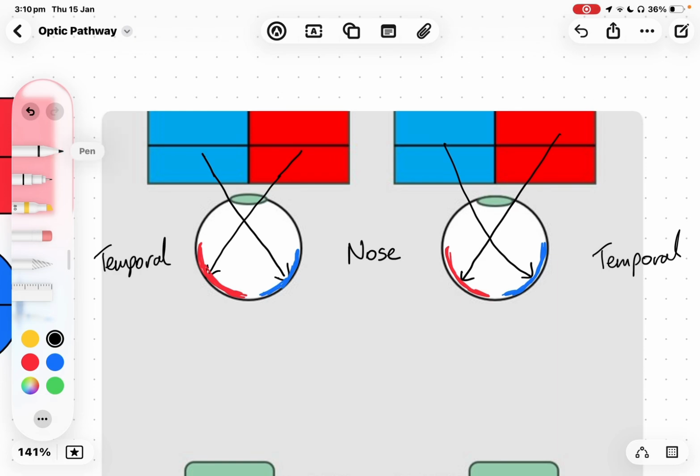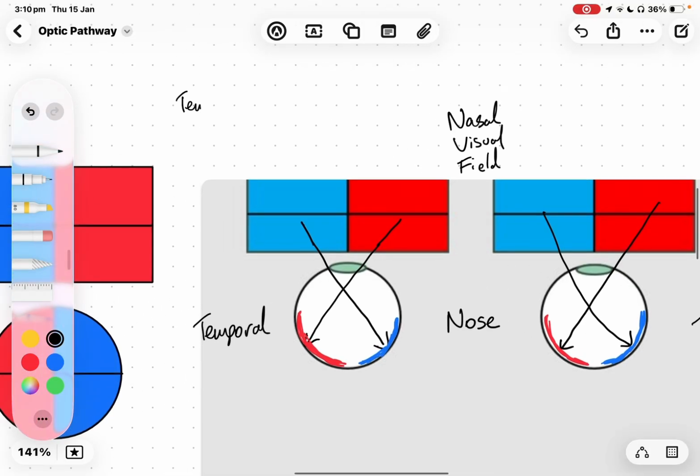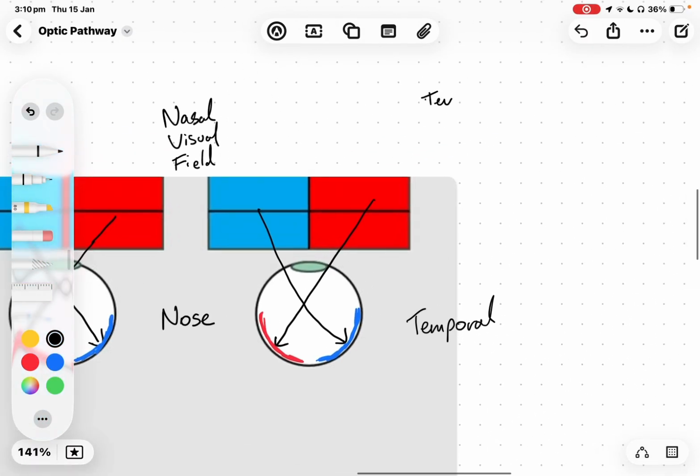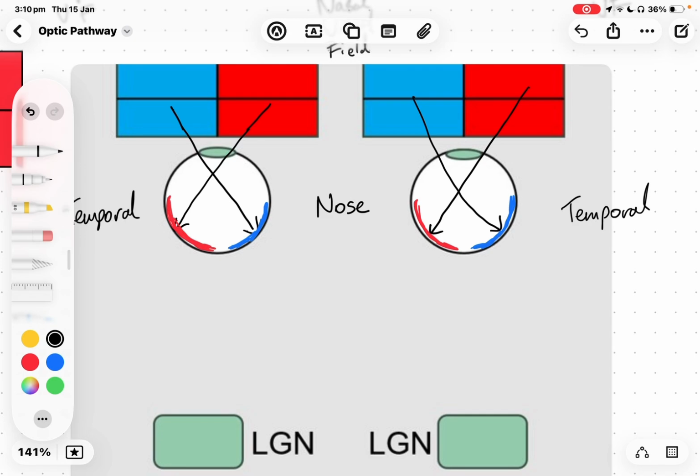And so what we would say is that this is the nasal visual field, and this is the temporal visual field. And that would mean that this is a temporal visual field as well. And then when we think about the retina, we would say that this is nasal retina, and this is temporal retina.